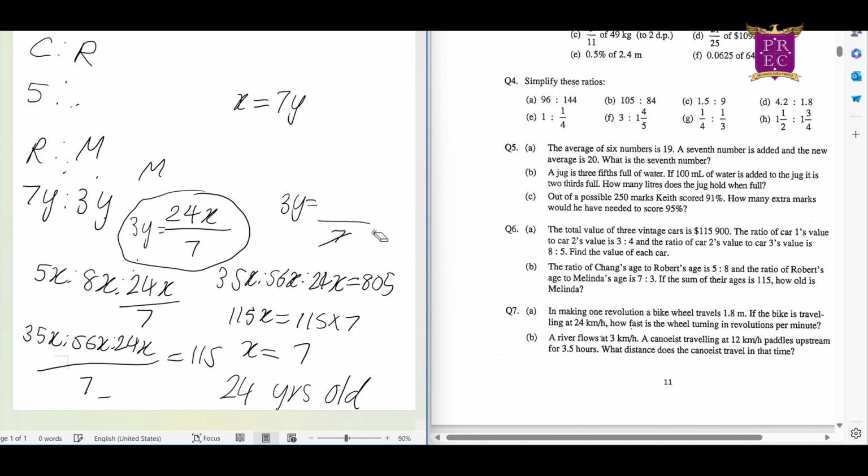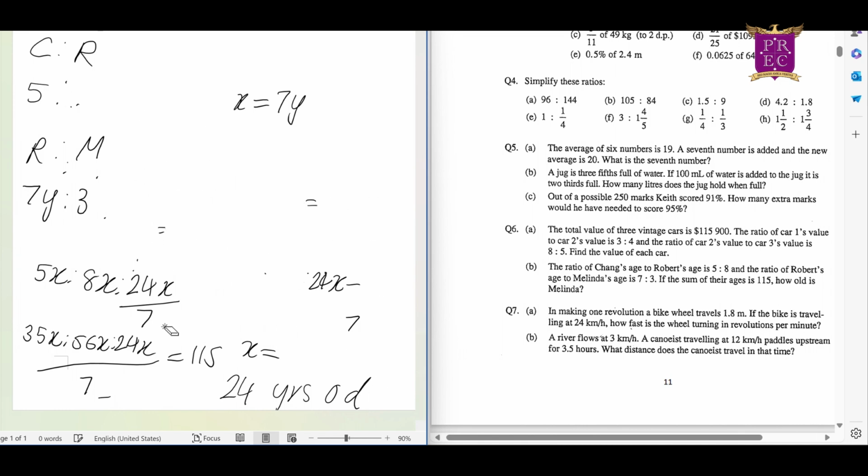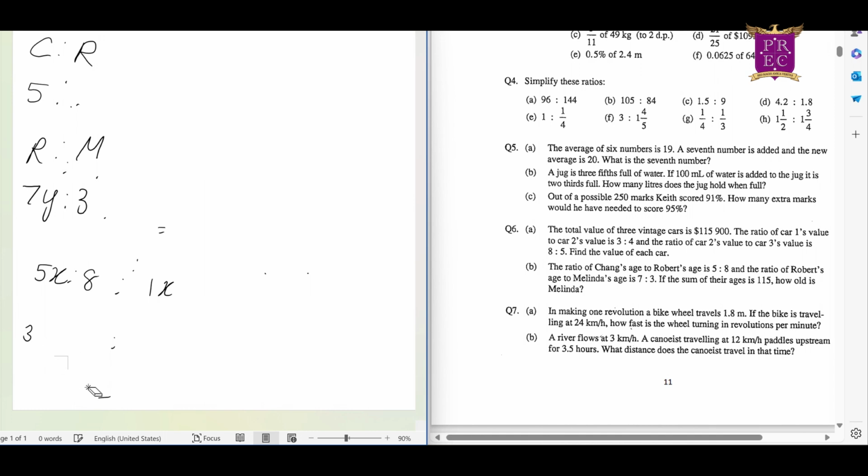Alrighty, next question. In making one revolution, a bike wheel travels 1.8 meters. If the bike is traveling at 24 kilometers an hour, how fast is the wheel turning in revolutions per minute? Okay, that's pretty easy. We just need to convert all these into the relevant units.